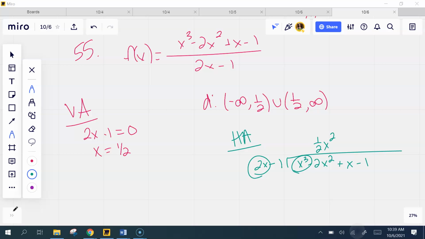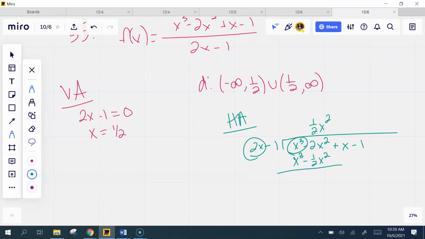Multiply through: x to the third minus 1/2 x squared. That gives me -5/2 x squared plus x.